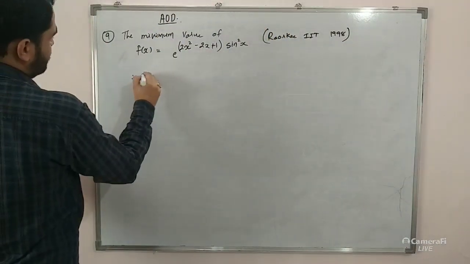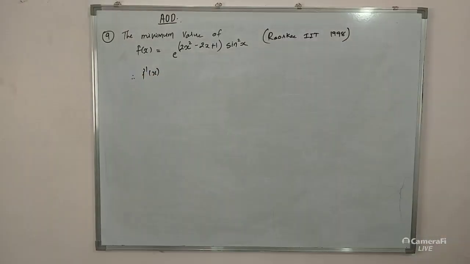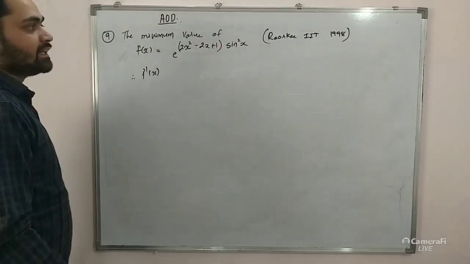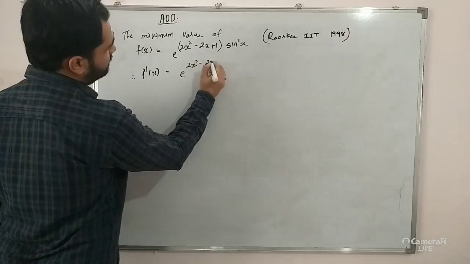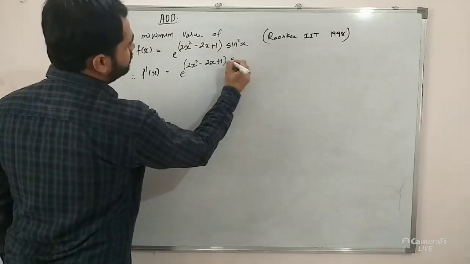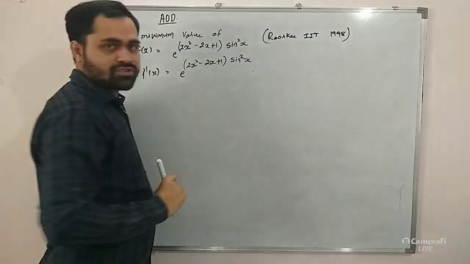First of all, we are going to find f dash of x of this function. You know very well that the derivative of e raised to x is e raised to x. So e to the power 2x square minus 2x plus 1 into sine square x into d by dx of this whole function.